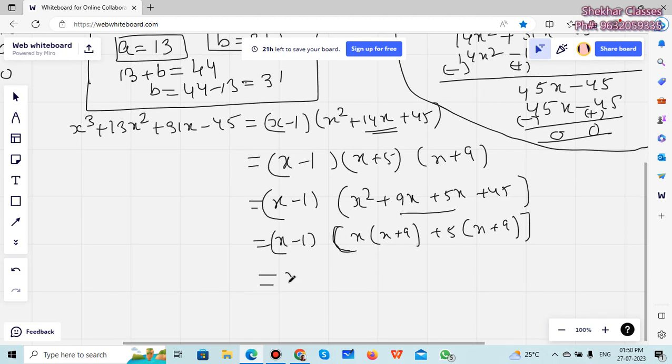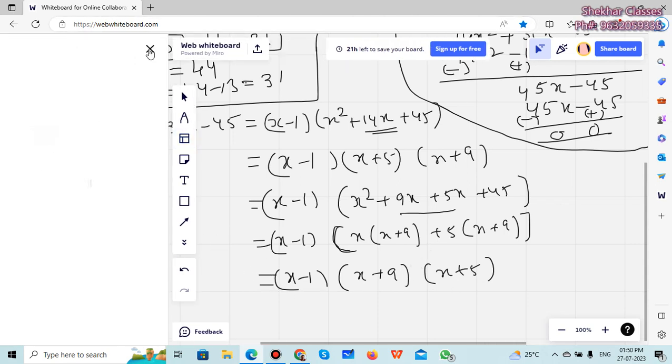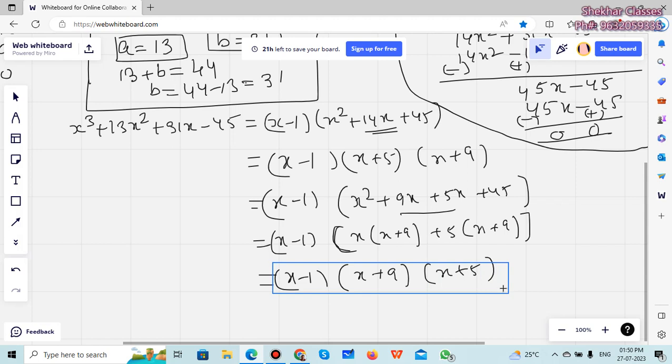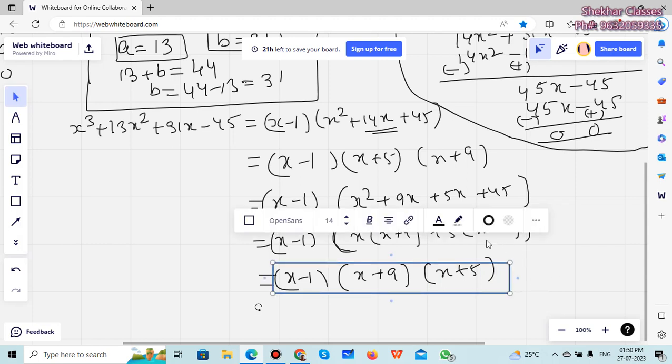We get x minus 1 and x plus 9 and x plus 5. So we got the same thing here. Is that okay? We have got the same thing, and the same thing over here also.